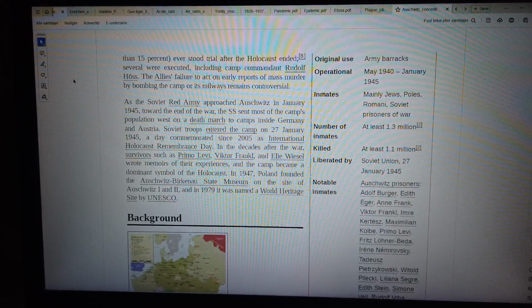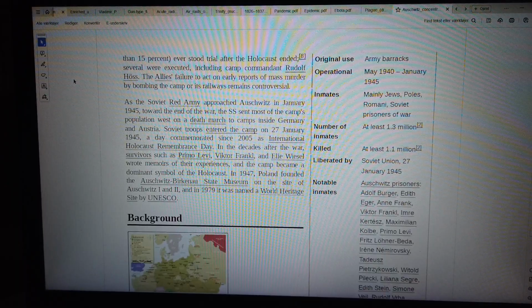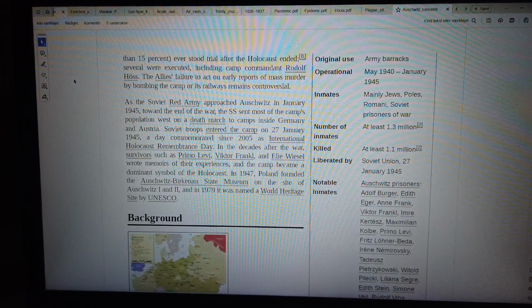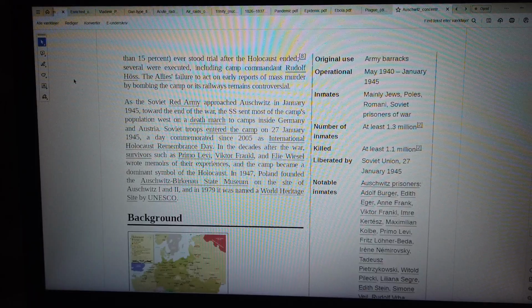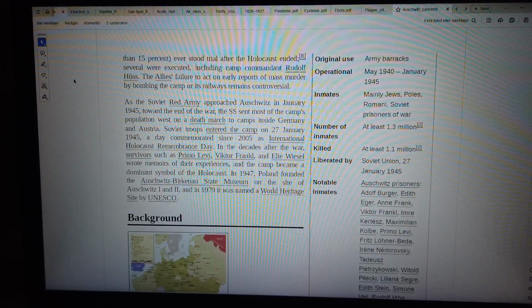Official name: Auschwitz-Birkenau German Nazi Concentration and Extermination Camp, 1940-1945. Type: Cultural. Fewer than 15% ever stood trial after the Holocaust ended. Several were executed, including Camp Commandant Rudolf Höss.